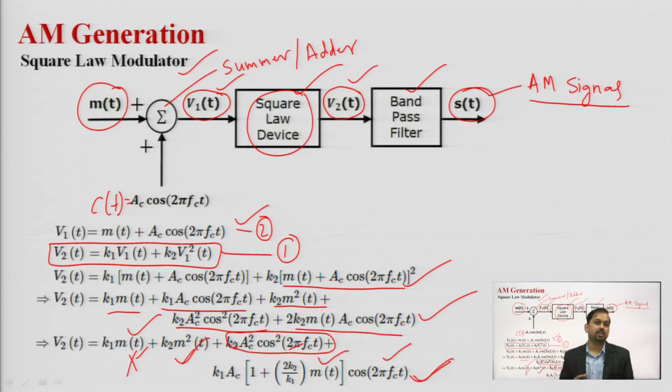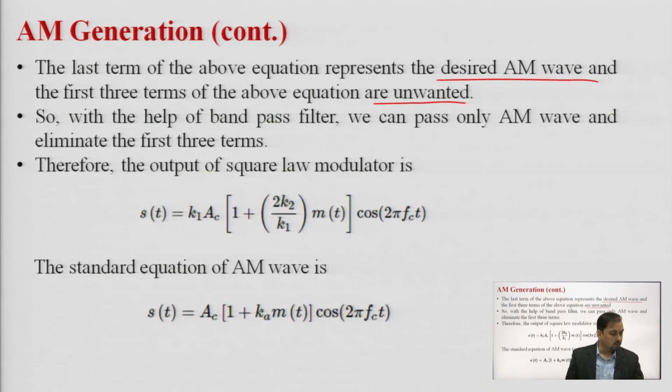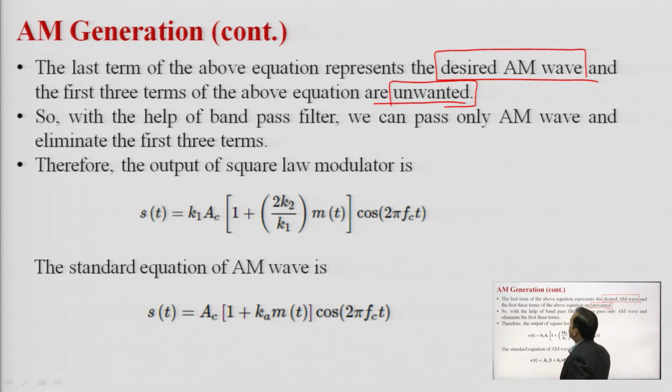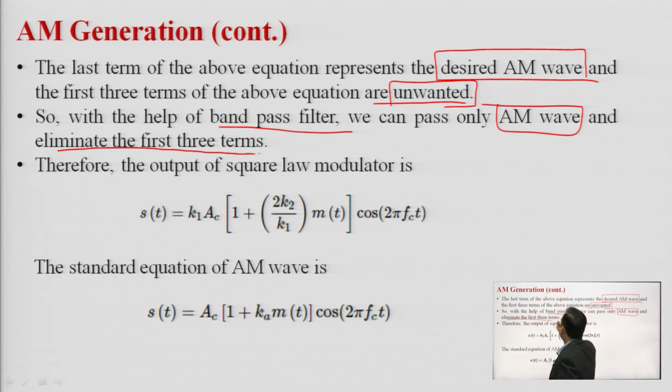So this term is helpful for us because this is the modulation. The last term is the desired AM wave and the first three terms are unwanted. With the help of the band pass filter we can pass only the AM wave and eliminate the first three terms.